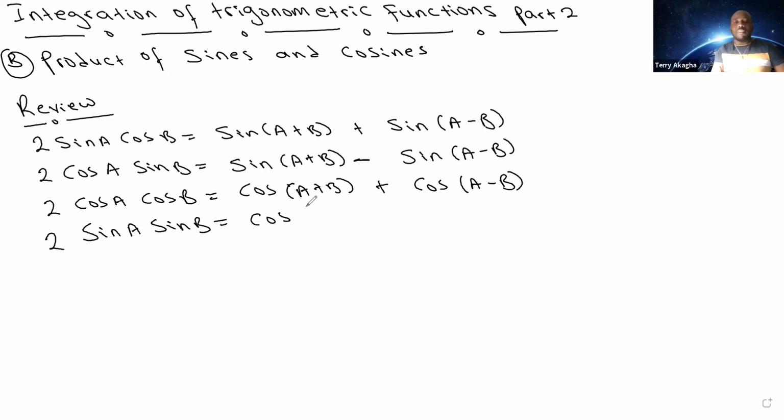It's going to give you cos, but this time it's going to be cos(A minus B) minus cos(A plus B). So technically, it's just the reverse of the cos A cos B: positive, positive for cos cos, and negative, positive for sine sine. And that is what you need to know for this part.